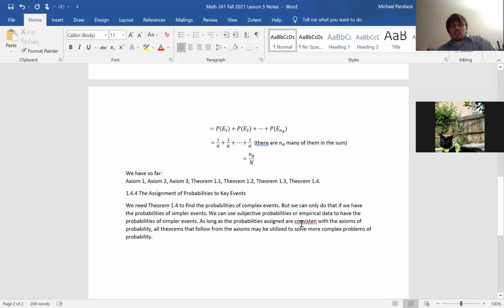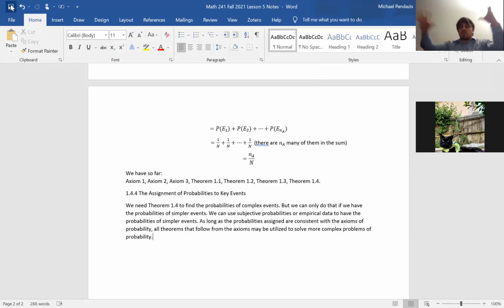Okay, so this is the word consistent. So we build our theory of probability by having axioms, right? Set assumptions that were carefully chosen so that they're minimal, but you can deduce from them a lot of mathematics, as much as you want that would be relevant and that would make sense. So we have axioms, and then we have the theorems from those axioms. And then we have more theorems deduced from earlier theorems and the axioms, right?